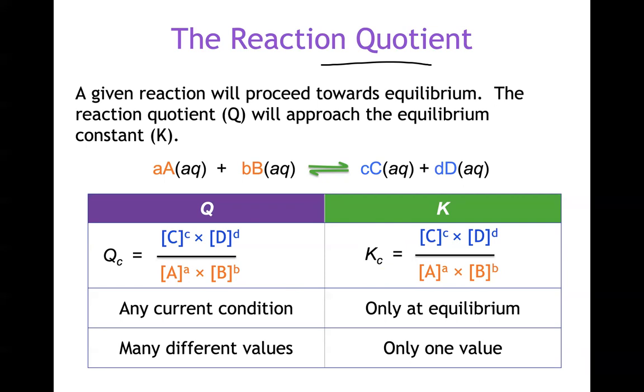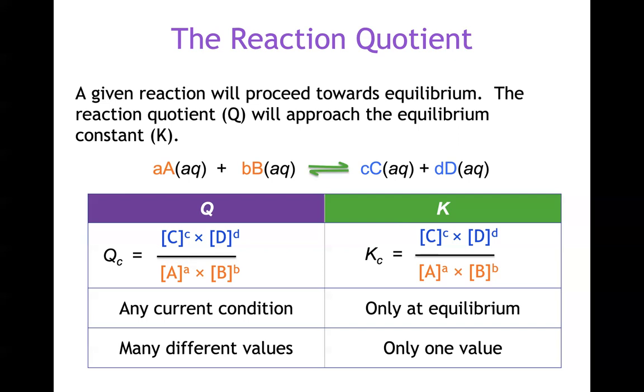But what we'll notice is for any given reaction, the reaction will always proceed towards equilibrium. So if all we have is reactant, the reaction will tend to proceed in the forward direction so that it reaches equilibrium. And if the concentration of the product becomes so high, the reaction will start shifting in the reverse direction, again so that it can reach equilibrium.